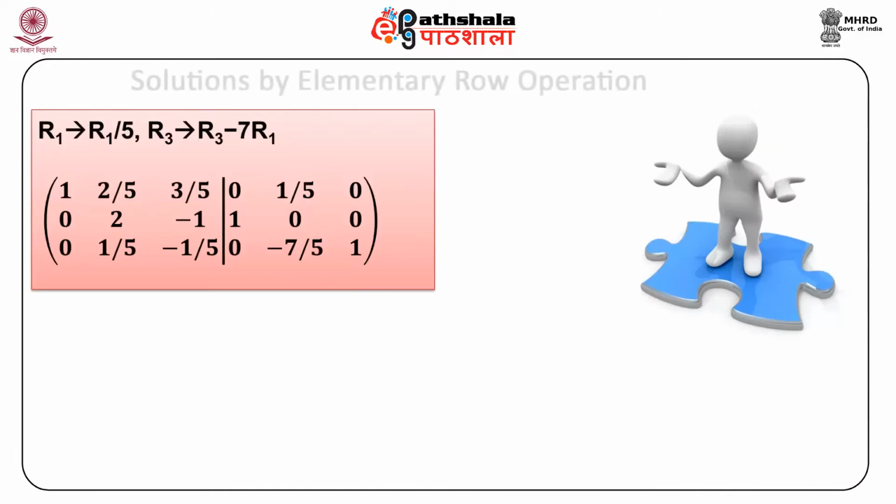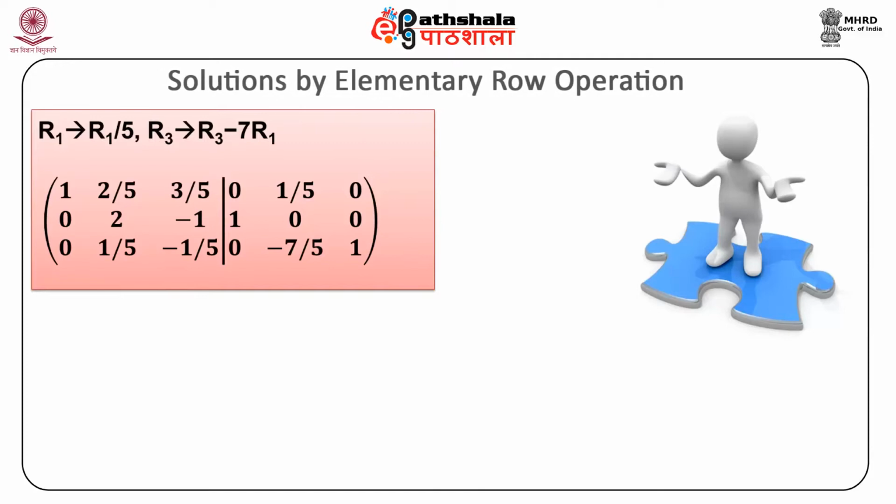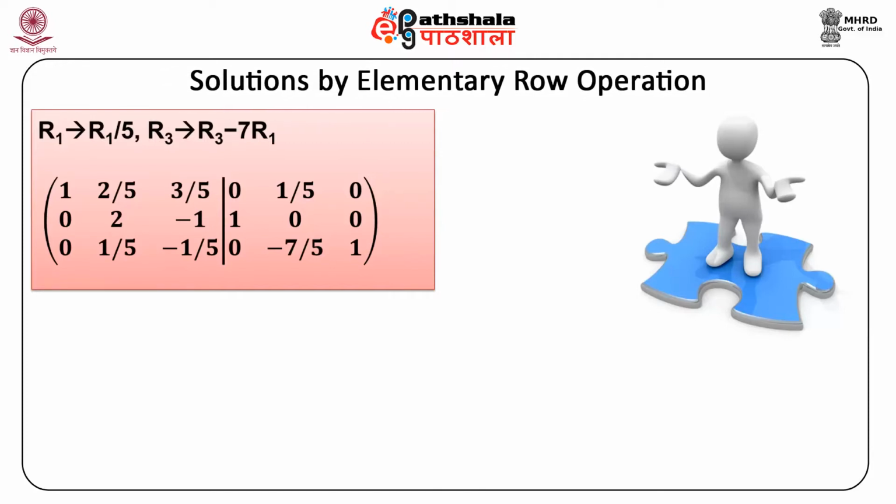As R1 tends to R1 divided by 5 and R3 tends to R3 minus 7 R1, what we have is [1 2/5 3/5; 0 2 minus 1; 0 1/5 minus 1/5 | 0 1/5 0; 1 0 0; 0 minus 7/5 1].